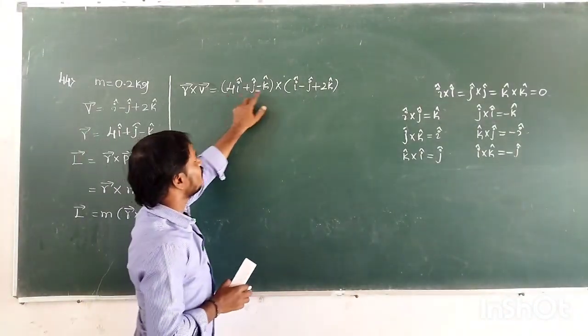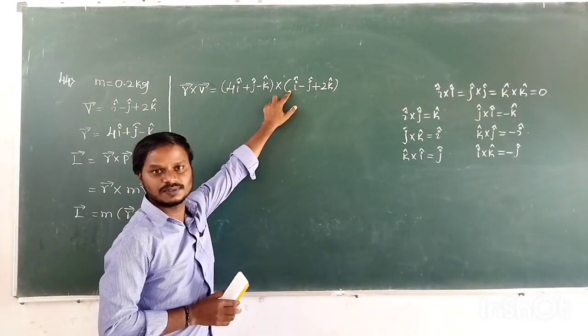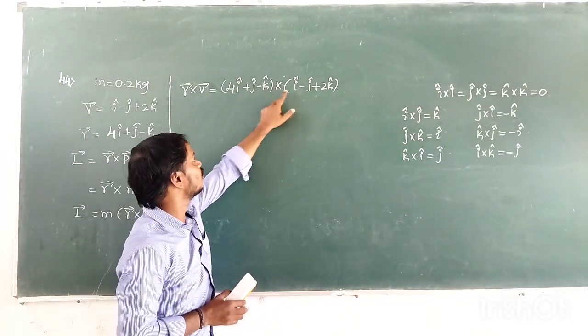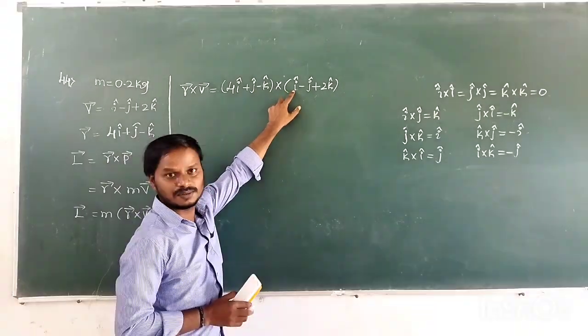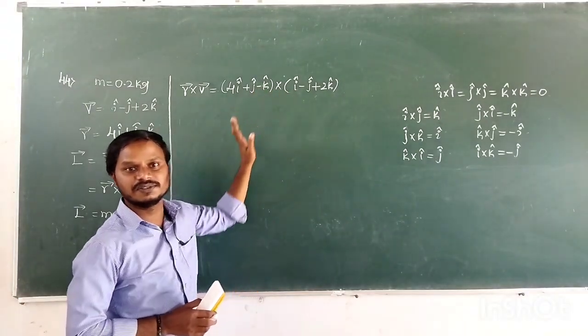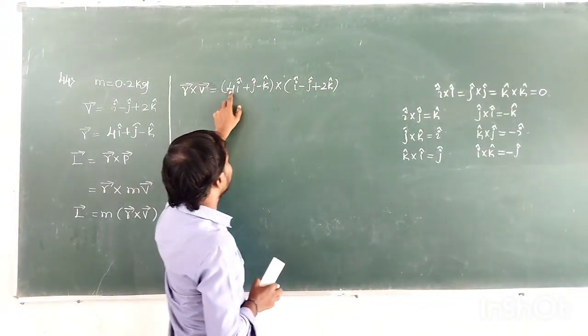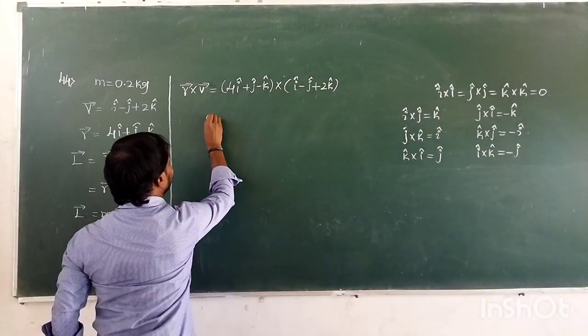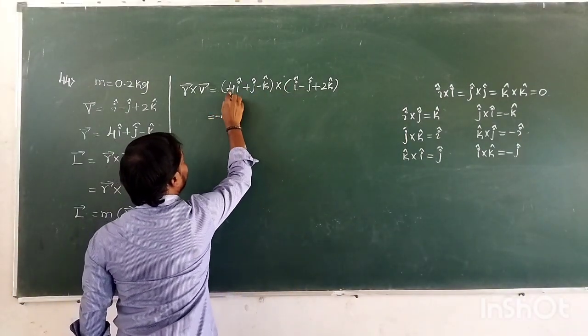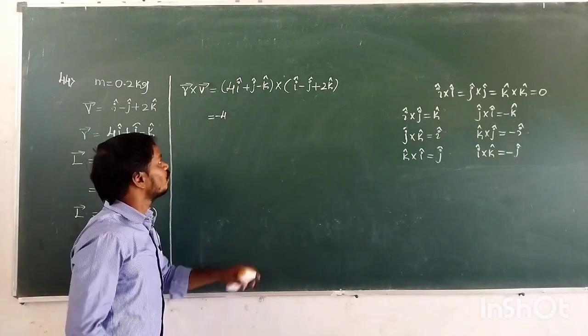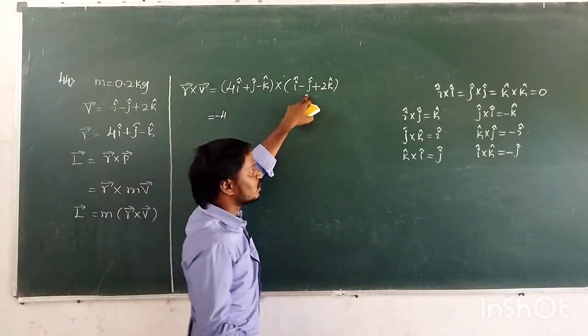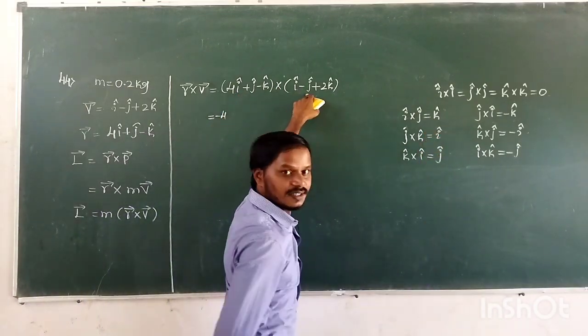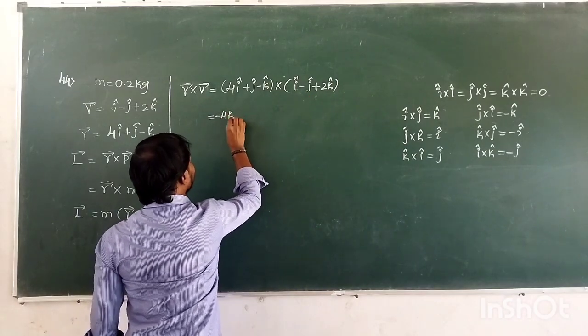See, 4 into 1, that is plus 4. But i cross i is 0. Means 4 into 0 is 0. Leave that. Next, 4 into minus 1, that is minus 4. i cross j. What about i cross j? That is unit vector k. Hence it is minus of 4k.